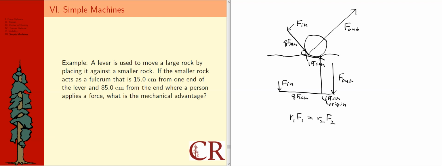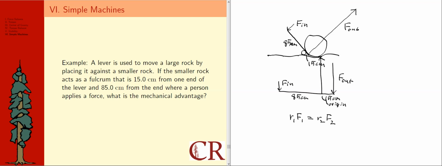So when I've said that we look at a lever quasi-statically, the goal, of course, is to move this big boulder, but it's going to happen really slowly. I'm basically looking at torque balance, which corresponds to what we said for a static system in equilibrium. So when we say quasi-static, we're recognizing it's actually going to move, but we're going to pretend that it doesn't when we're doing the analysis.